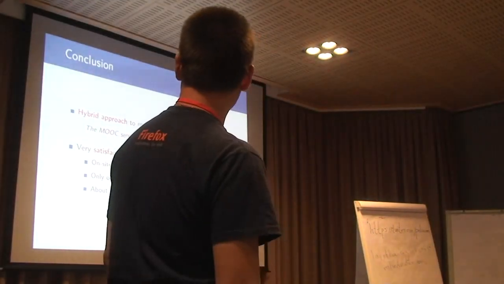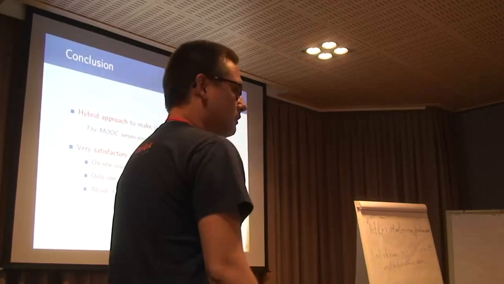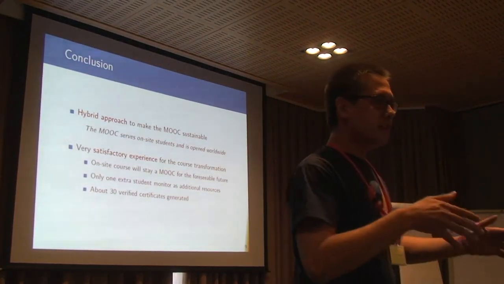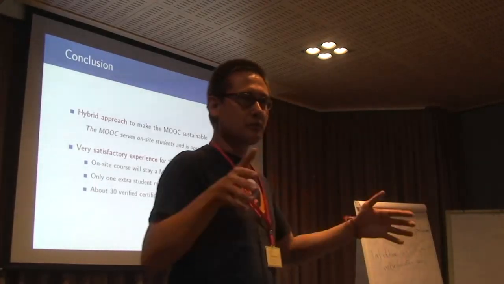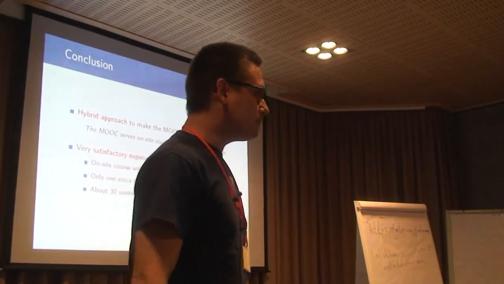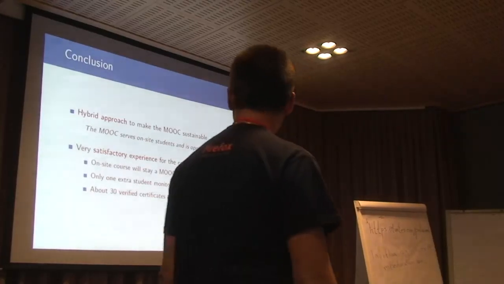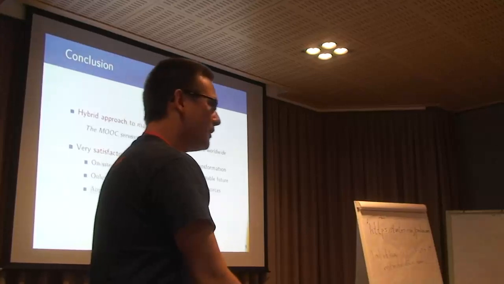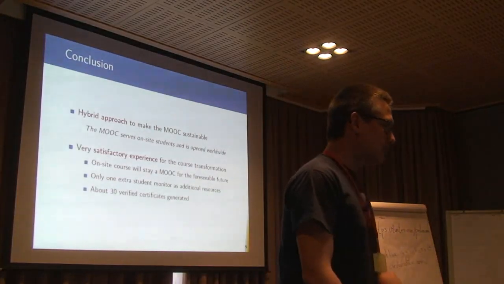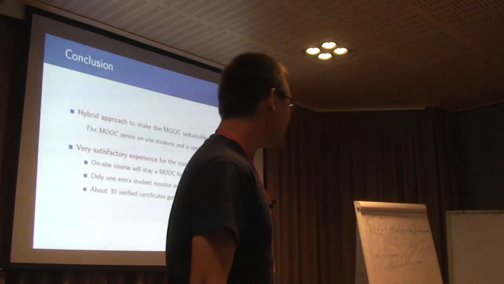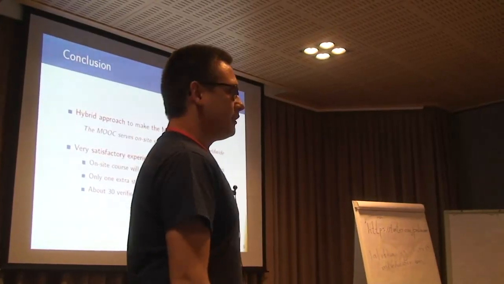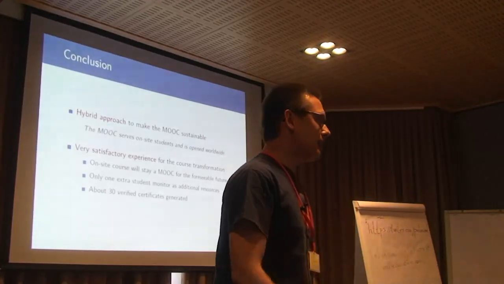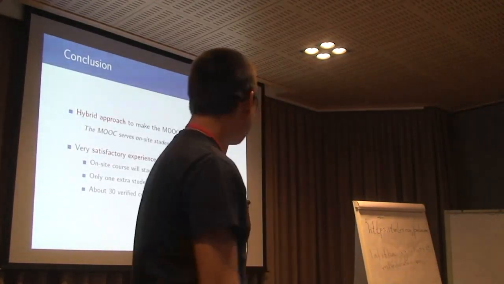The hybrid approach that we chose to follow here, we chose it to make, of course, the MOOC sustainable, gradually spreading the transformation over three academic semesters. The experience that we had was very satisfactory. So the on-site course, for now, will stay a MOOC for the foreseeable future. So that was decided. Only one extra student monitor, that's the final extra cost after three academic semesters of transformation.